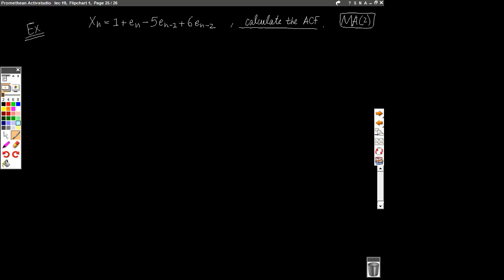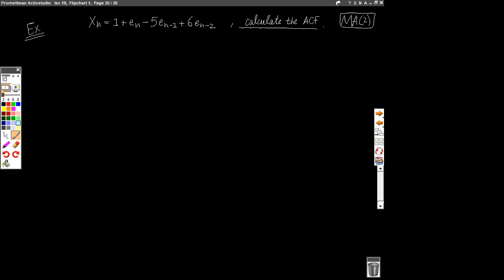Ma'am, gamma 0 is 62 sigma square. I got the same. Yeah, that is correct. Can you show the next question? Okay, so did you just figure out gamma 0 or the other ones as well? Gamma 1 is 35 sigma square and gamma 2 is 6 sigma square.